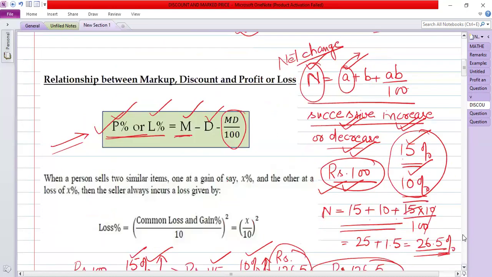So this is the formula relating profit or loss percent, markup percent and discount percent.